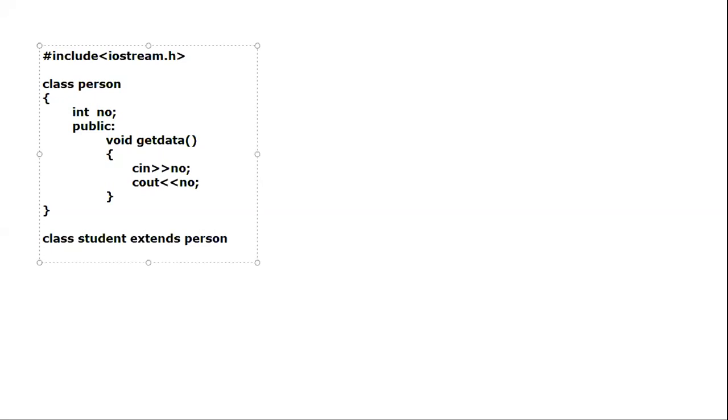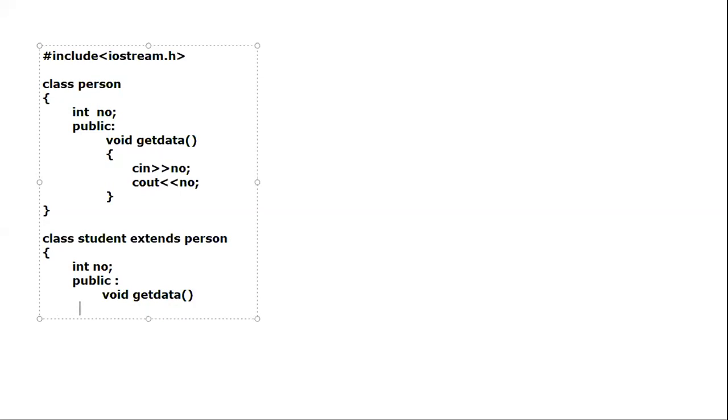Now in this also, I have declared the same variable, that is int number, and then in the public section void get data. Now the same function names are there.